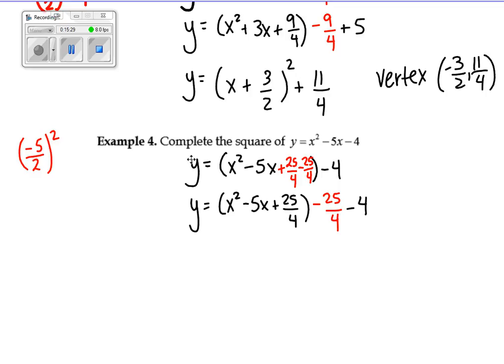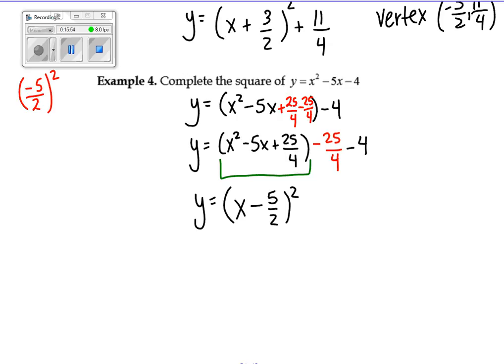Okay, so when we turn this to factored form here, this guy as a perfect square, what does he become? X minus, it's our middle term divided by 2. We keep the sign of the middle term as well. So negative 5 divided by 2 is negative 5 over 2. And what's negative 25 over 4 minus 4? It's negative 25 over 4 minus 16 over 4, which gives you negative 41 over 4.